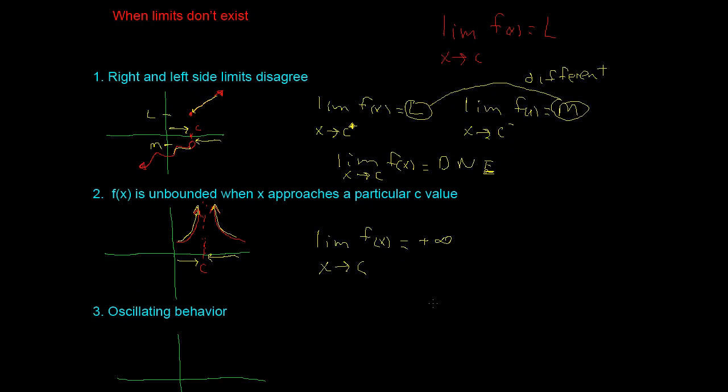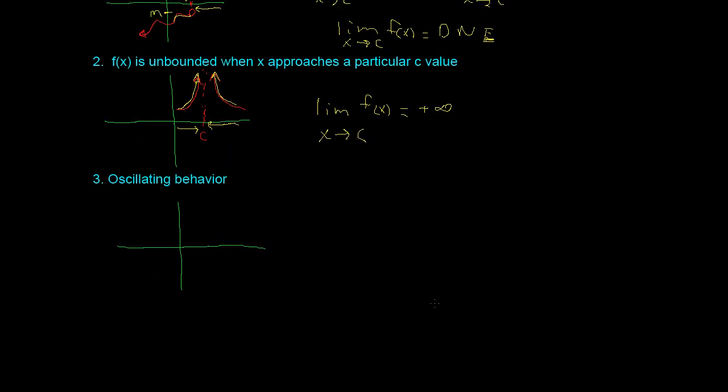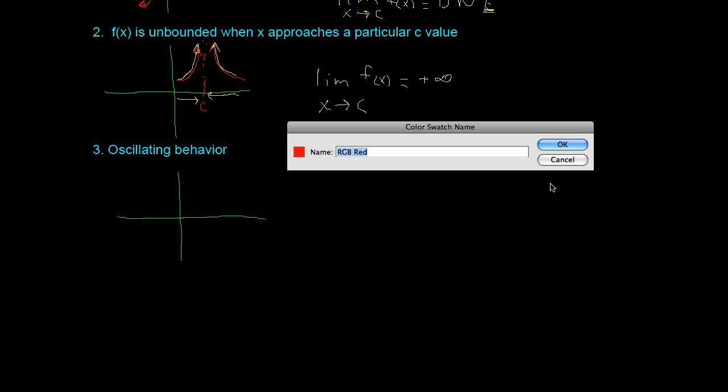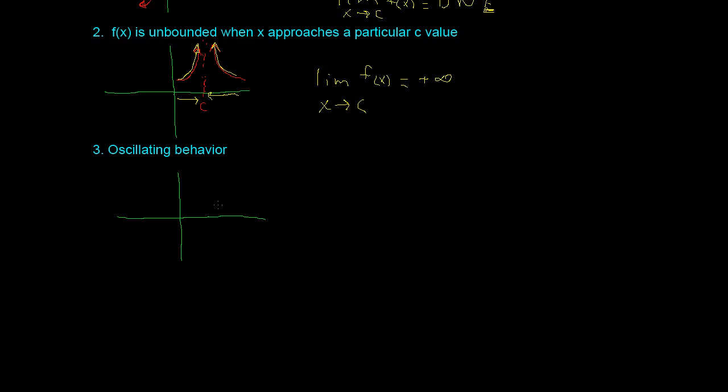The third and final time that a limit of a function doesn't exist as you approach a particular value of c is what I call oscillating behavior. So let's say we have this value of c right here, and maybe this function is kind of coming in here, and maybe here it goes up and then it comes back down, but the closer we get to c, these little movements get tighter and closer together, and then the further away from c we get, maybe they spread out a little bit more.